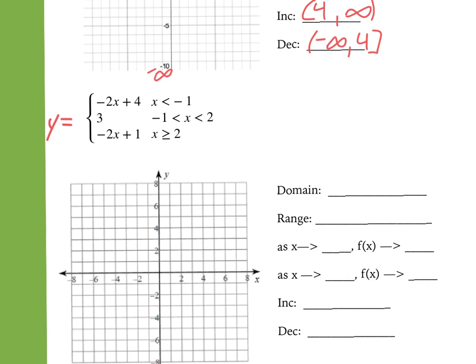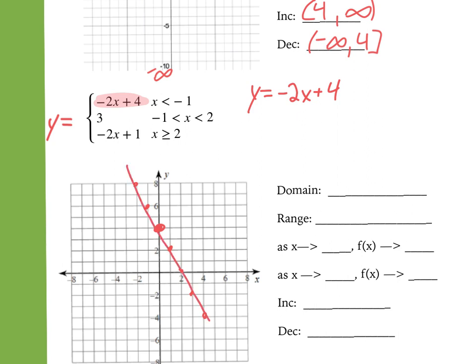So my very first one is y equals negative 2x plus 4. I'm just going to go ahead and graph that whole line. The b value is what? 4. And the slope is? Negative 2 over 1. Okay, so I'm going to draw this line.